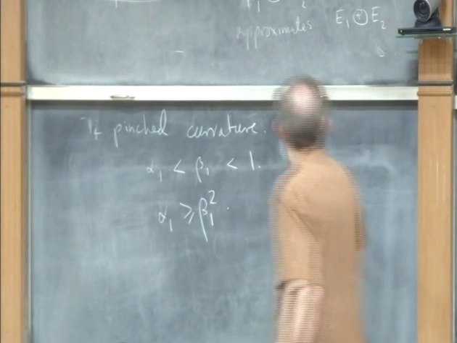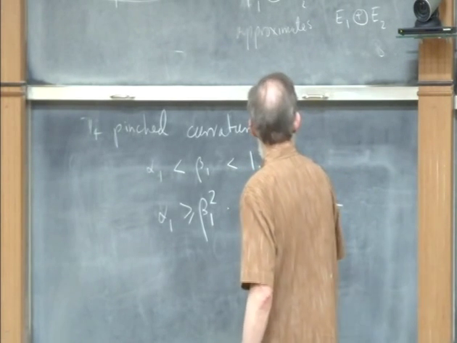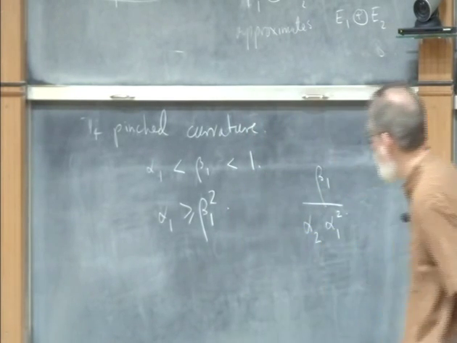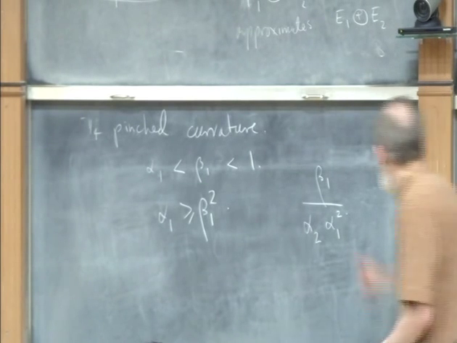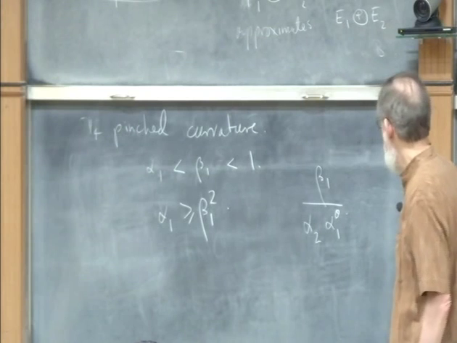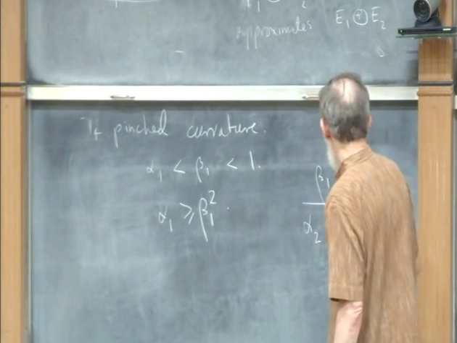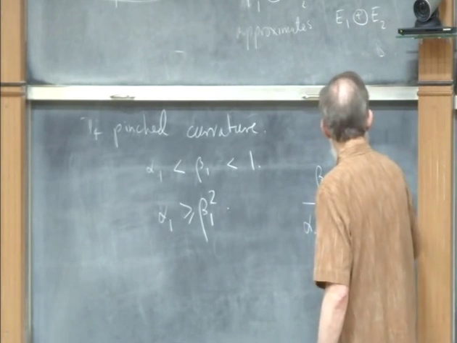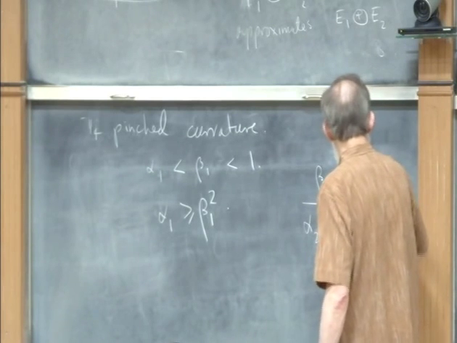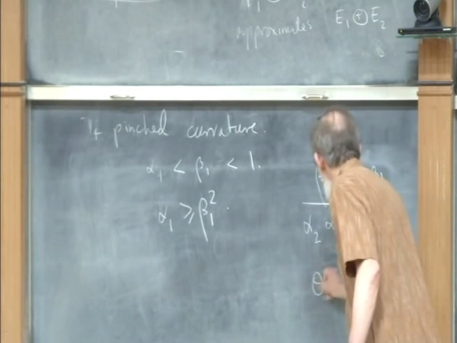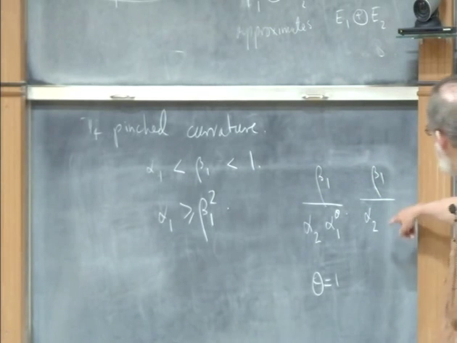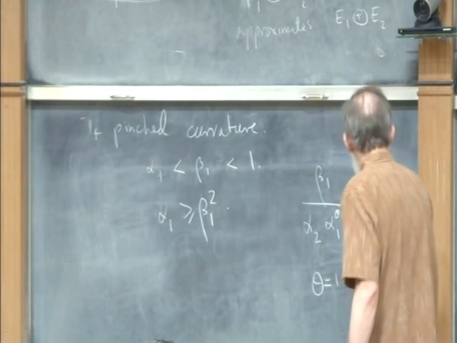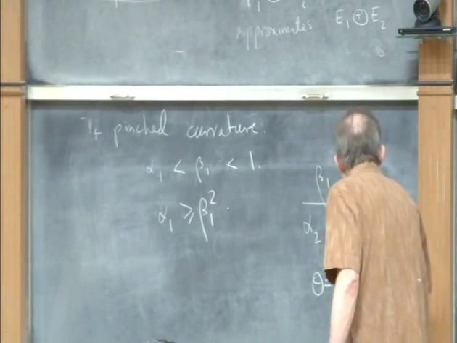And so if I have my beta 1 over alpha 2, alpha 1 to the theta, and I put theta equals 1 and replace alpha 1 by beta 1 squared, I end up with 1 over alpha 2 beta 1.